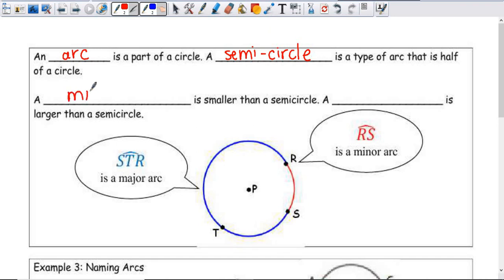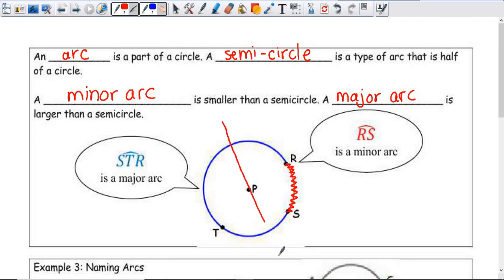We have a minor arc that is smaller than a semicircle, and then a major arc is larger than a semicircle. Looking at this picture, RS, this red section, is a minor arc because it is less than half of the circle.